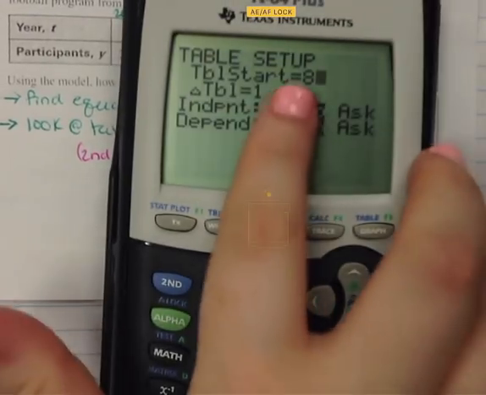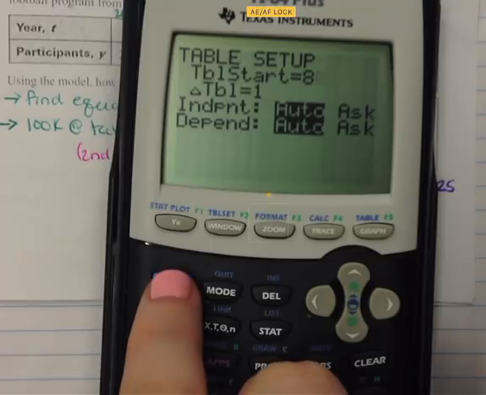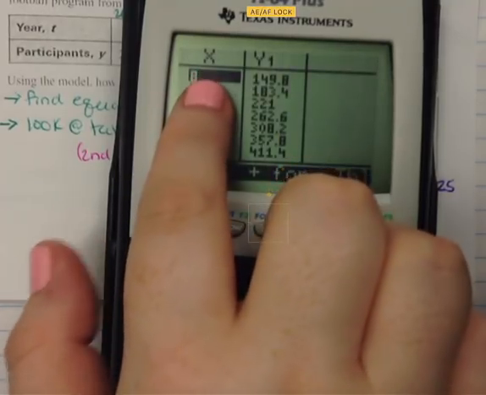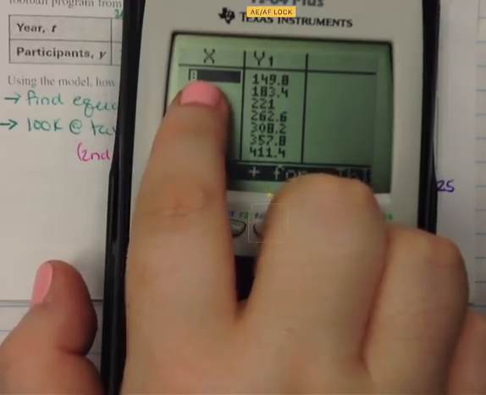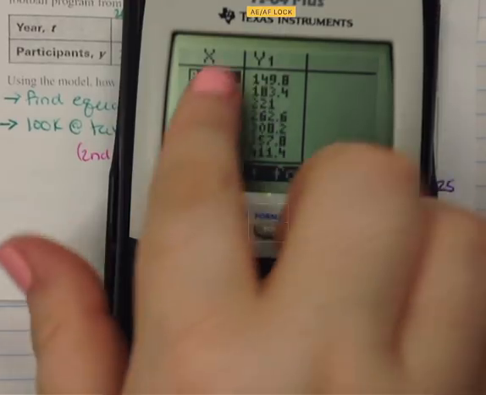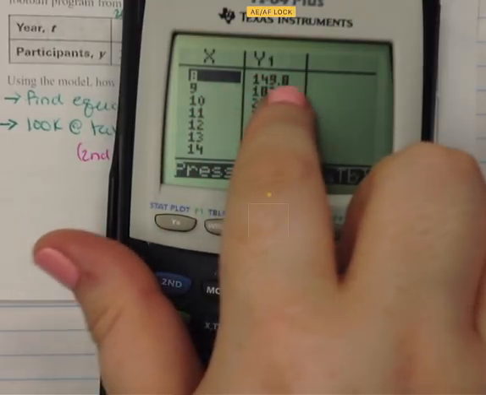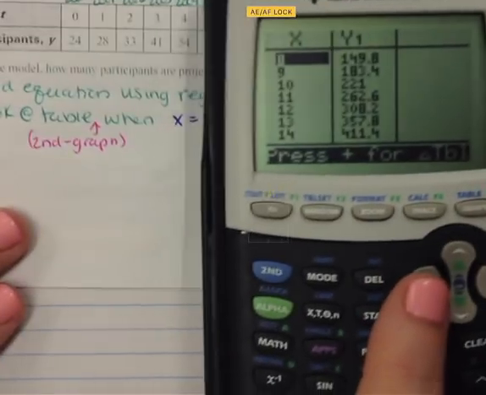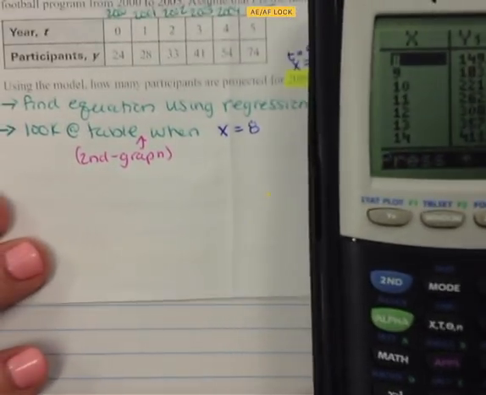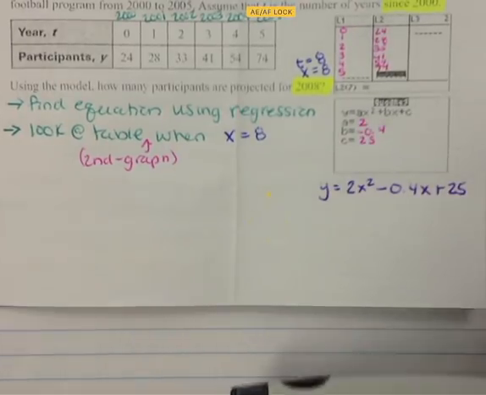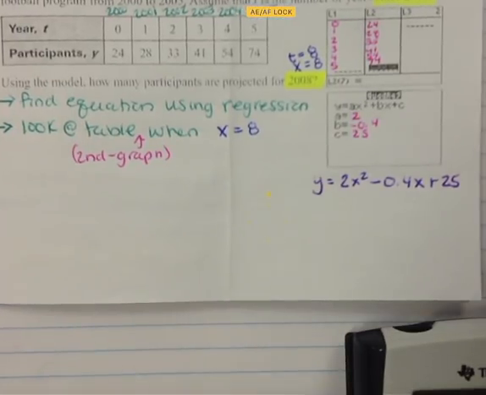Once my table is started at 8, I can go back to second table. And now my 8 is on my x. Again, I could have scrolled up and down easily and gotten the same answer. But here's the y value, which is the participants. So in our answer, this is going to be an approximation because we know it's not an exact answer, since it is a prediction.